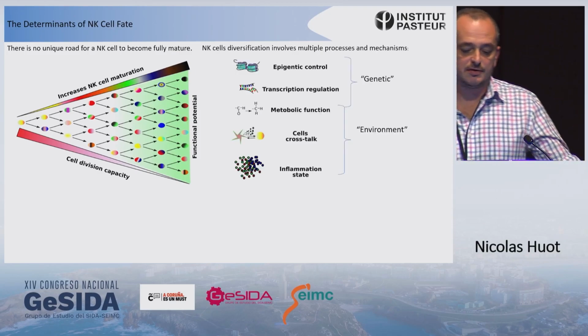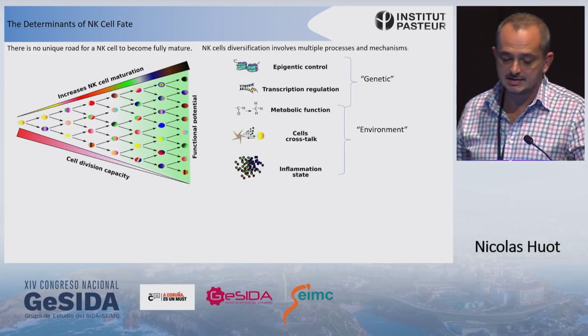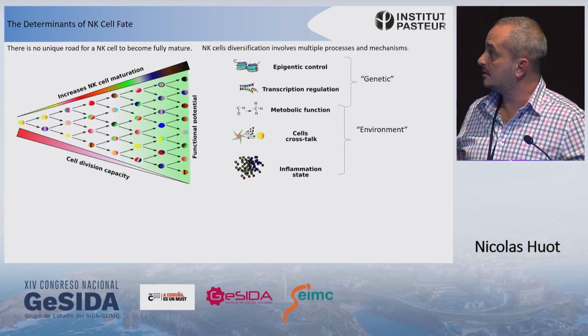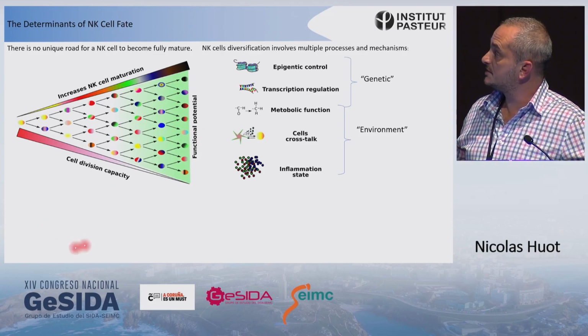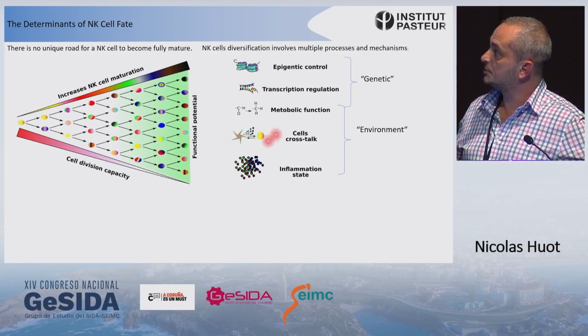So what are the factors which drive the establishment of fully functional NK cells? There are many factors. Among them, there are genetic factors, for example, epigenetic, transcription regulation, and metabolic function are involved in this process, but also the microenvironment in which NK cells are localized.